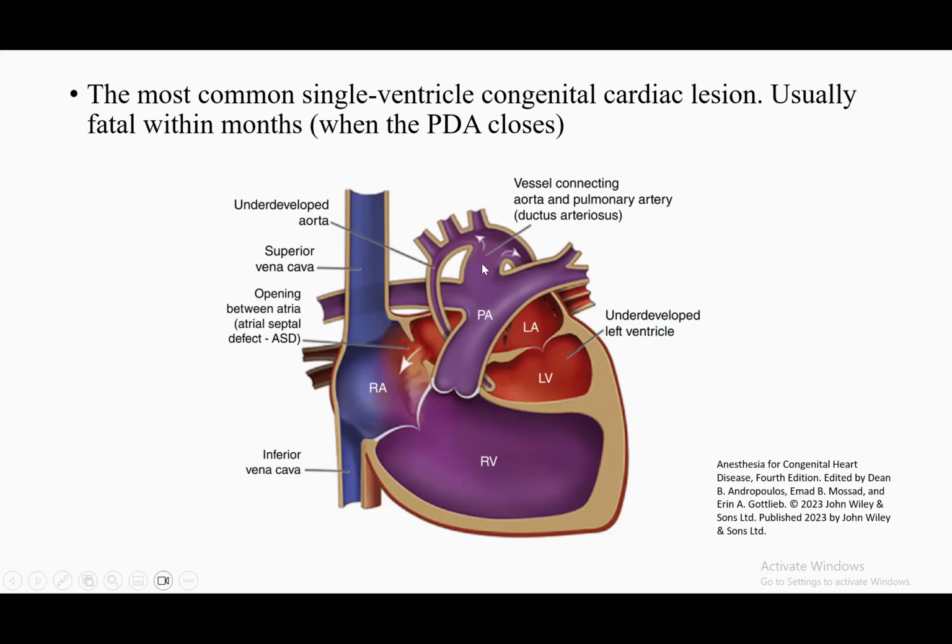In this image, the left ventricle is small. Blood passes mainly from the left atrium to the right atrium through an ASD, and then to the right ventricle that is enlarged, and then to the pulmonary artery that gives the main blood supply to the body through the PDA.